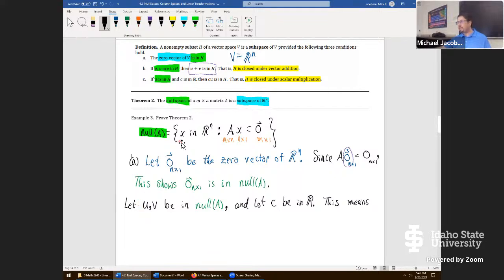U is in null A means A times the vector U results in a zero vector. And likewise, A times the vector V also results in a zero vector. So that's once again coming from right here.